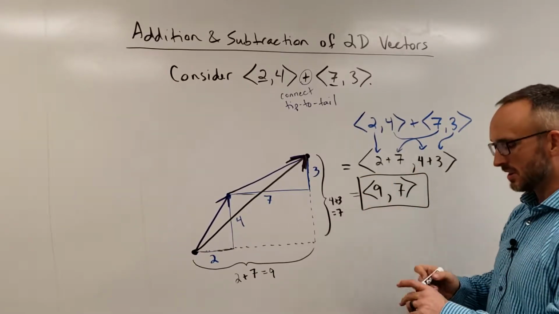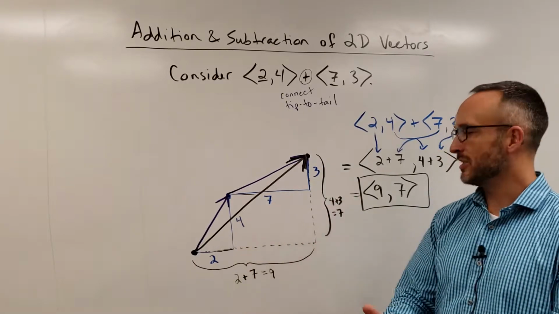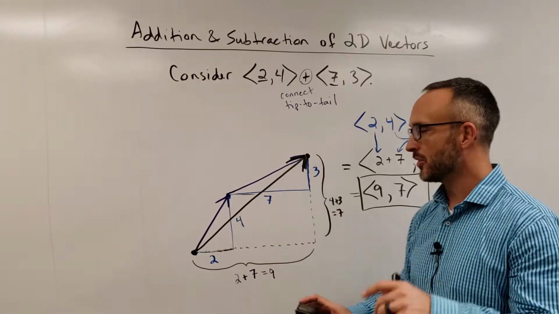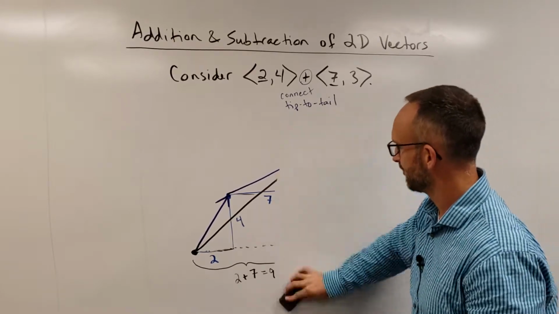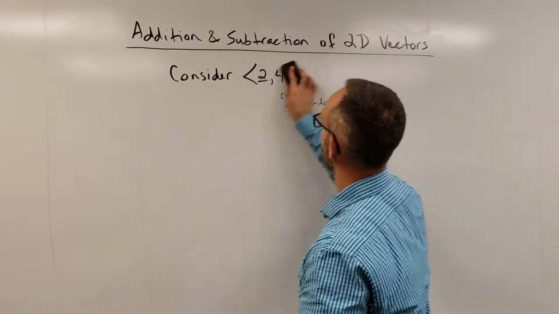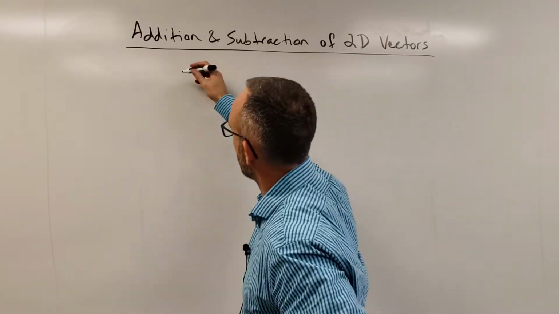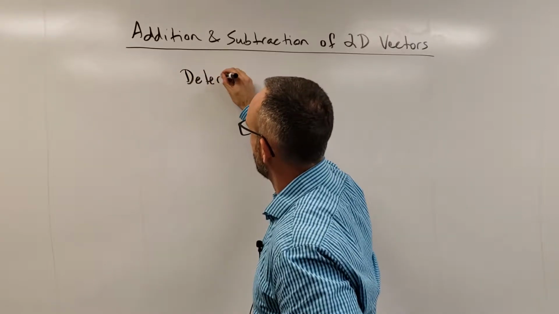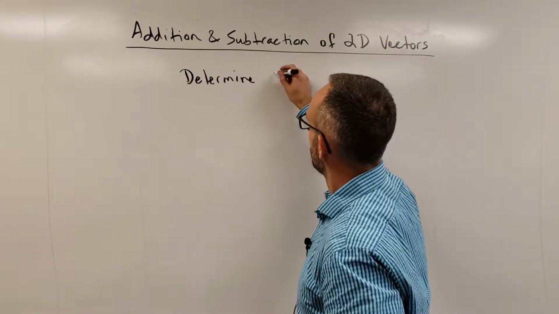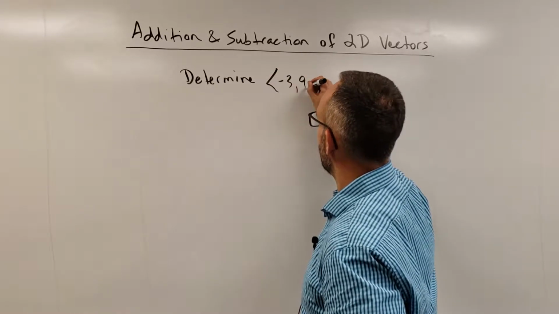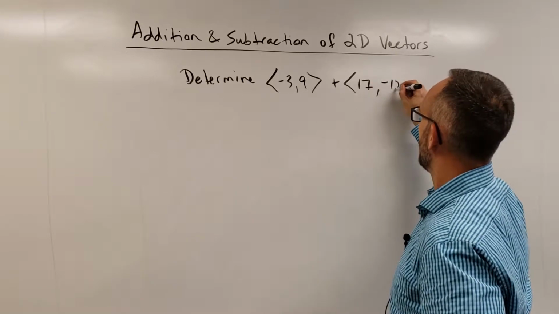Okay? Now, the good news is, if these are positive or negative, it doesn't matter. You still do the same thing. So let's do another quick example without a diagram, looking at anything tip to tail. So let's determine, and you'll see how easy this is, <-3, 9> plus <17, -12>.